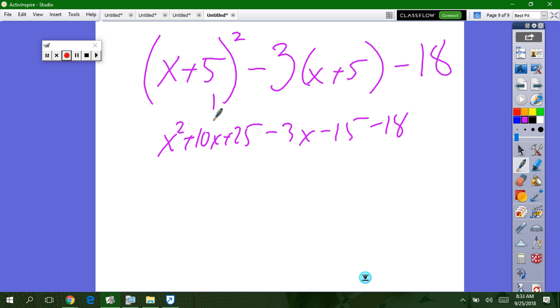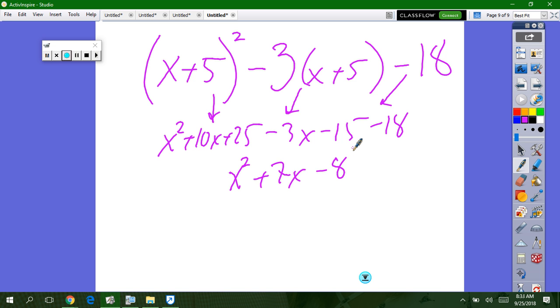Is everybody with me on that? So I could do that, and I get x squared plus 7x minus 8. And I could just factor it in general.